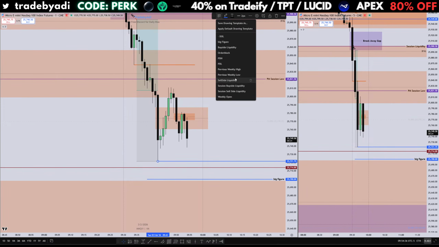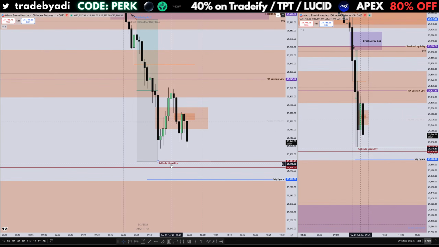This is the sell side liquidity, the minor sell side liquidity, not the major one.